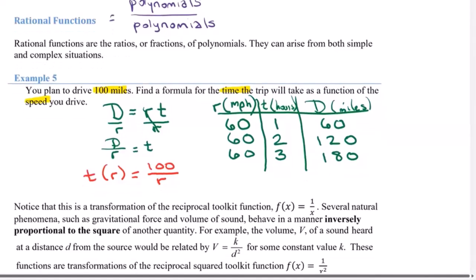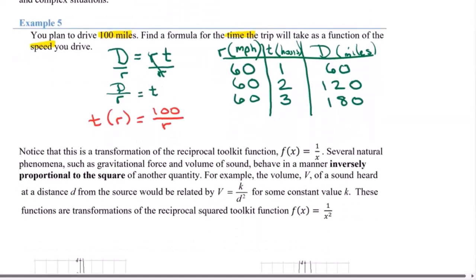So here it says, notice that this is a transformation of the reciprocal toolbar function, f of x equals 1 over x. We learned about f of x equals 1 over x. Several natural phenomena, such as gravitational force and volume of sound, behave in a manner inversely proportional to the square of another quantity.